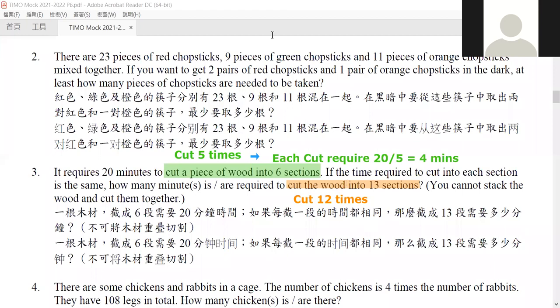So by this, you can immediately get our answer. If you cut 12 times, the time you take will be equal to 4 times 12, which is 48 minutes. So the answer is equal to 48.